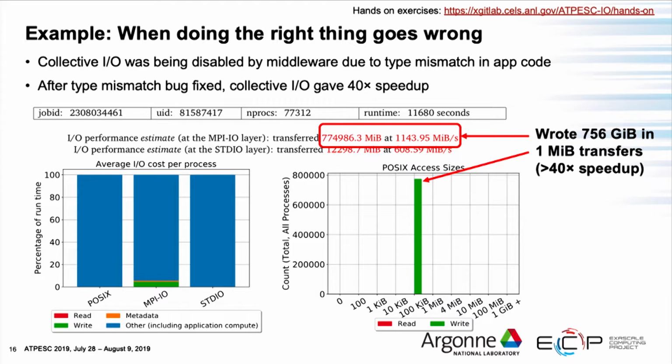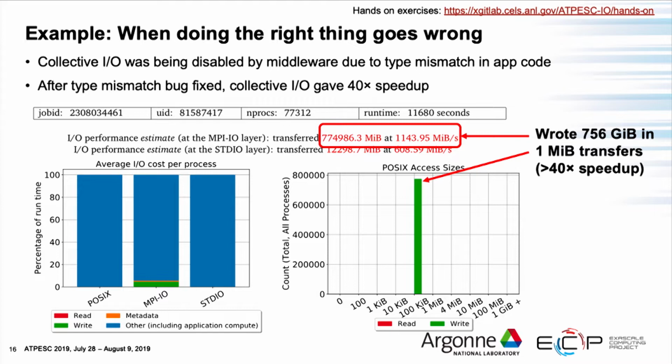I'm just going to do the safe thing and not do collectives on this so that we're not potentially losing any data. Which meant that doing the right thing using collectives was disabled because of a very, very, very subtle type mismatch. After fixing that bug, suddenly everything is 40 times faster because collective buffering or collective I/O was enabled because the middleware realized it was safe to do, and everything was great.